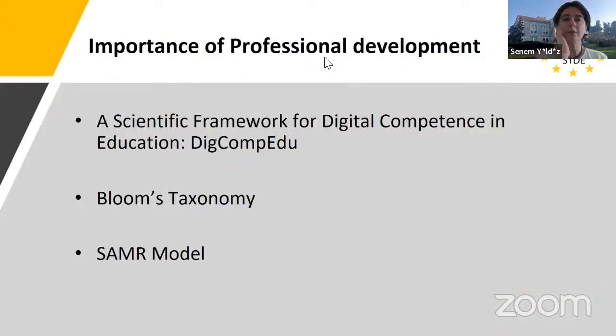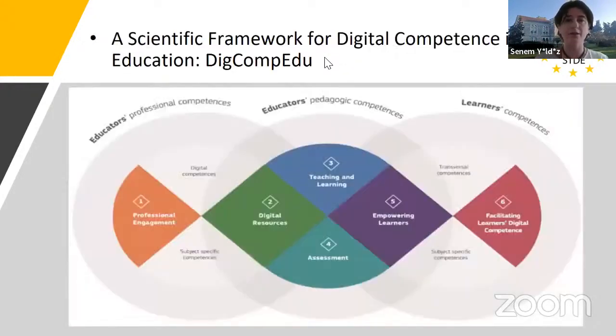So there are multiple frameworks that support teachers' professional development in digital competence. One of the most prominent ones nowadays, which is also a new one that comes out of the European Union, is the Scientific Framework for Digital Competence in Education, the DigComp Edu Framework.